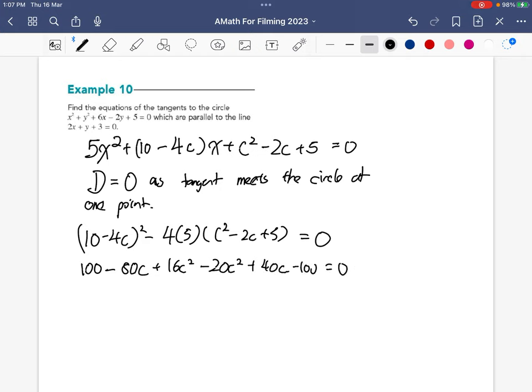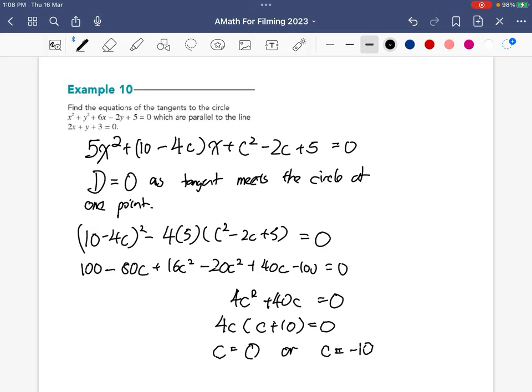If you resolve, what you get is 4c squared plus 40c is equals to 0. You factorize 4c, and then what we get is c plus 10 is equals to 0. Hence, the two values of c is c equals to 0 or c equals to negative 10.